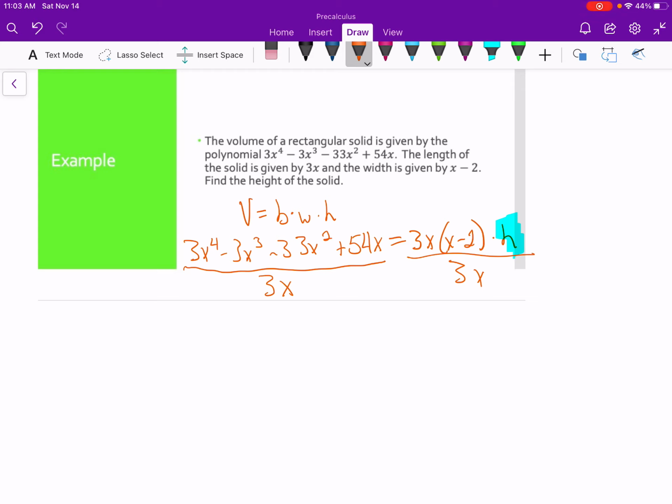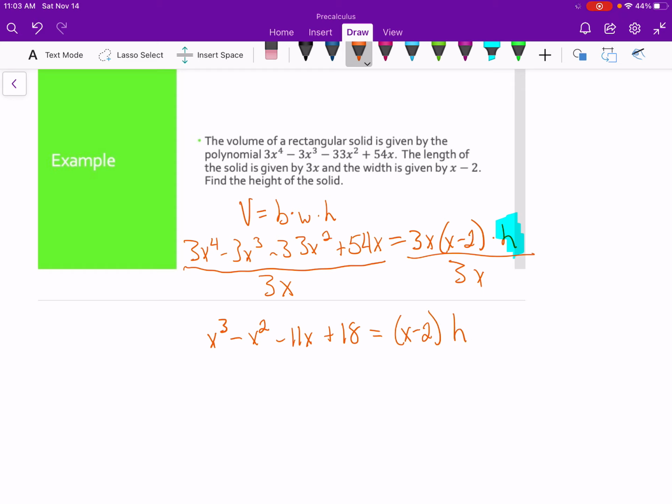So 3x to the fourth divided by 3x is just x cubed. And then we get minus x squared. Then we get minus 11x plus 18 equals x minus 2 times h.